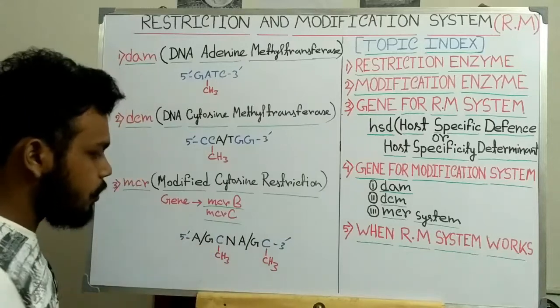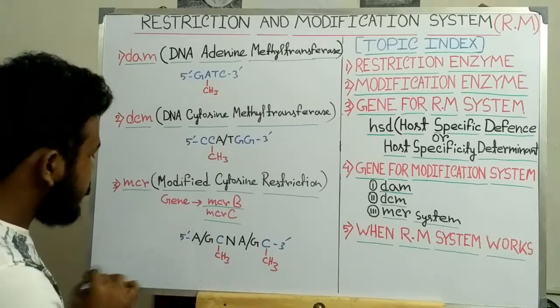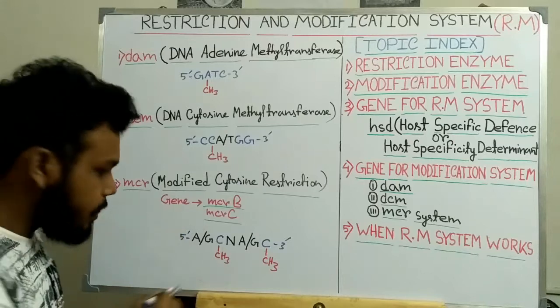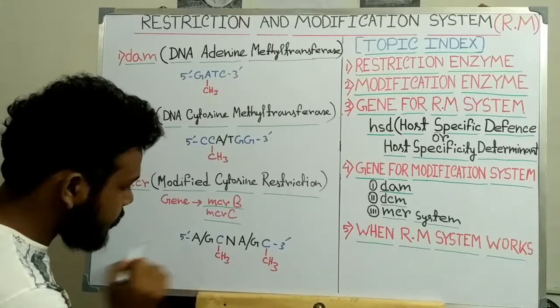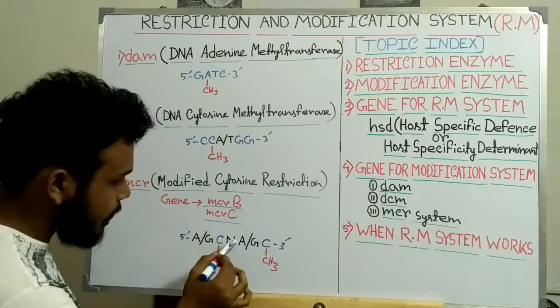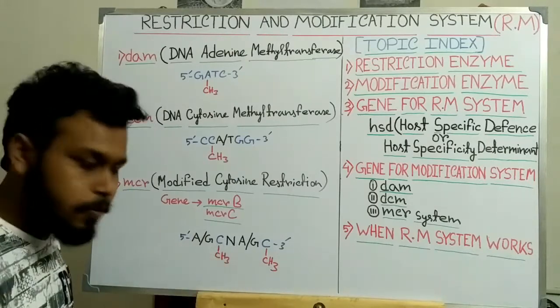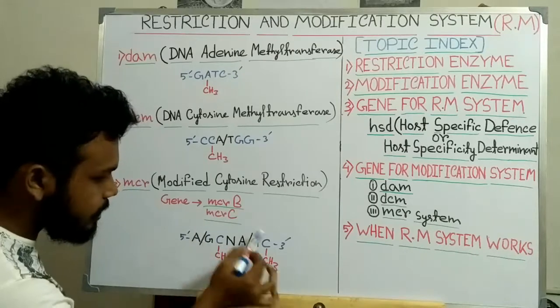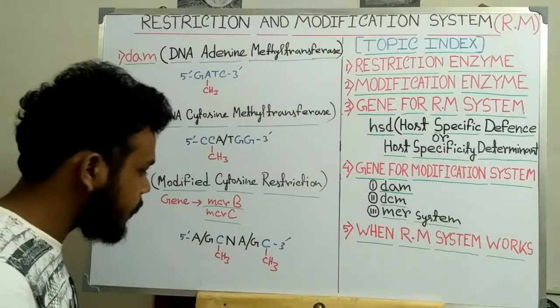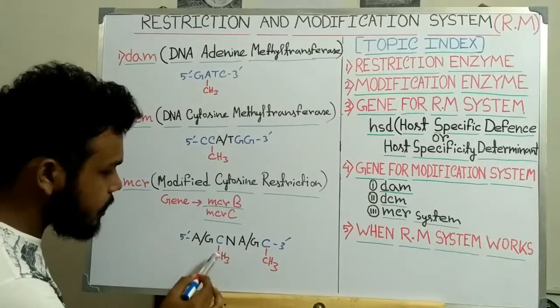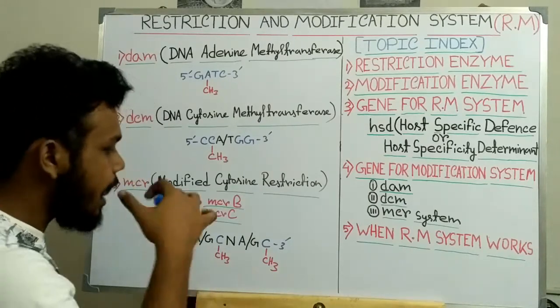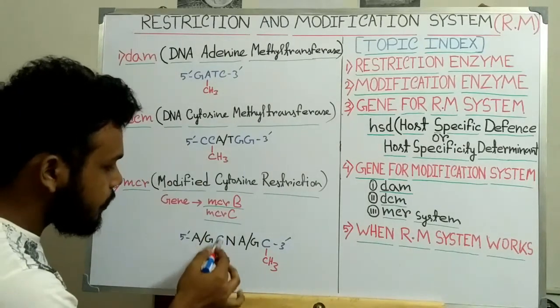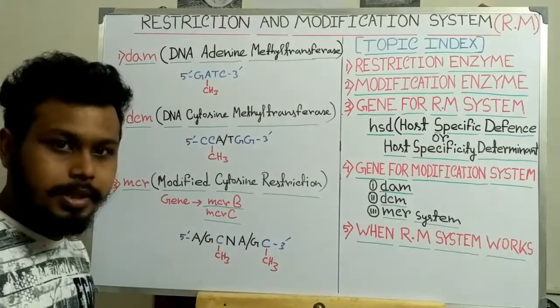Okay, so this MCR system recognizes A or G, then C, and then N, that is any nucleotide, and then A or G and C. So they recognize this particular modified sequence where the modification is present in the cytosine residue, and then they cut the DNA at the cytosine residue.